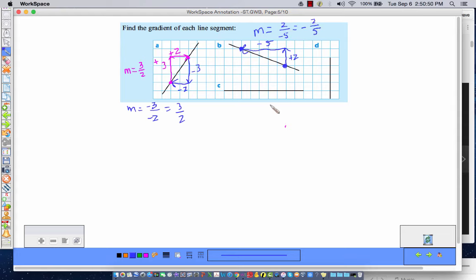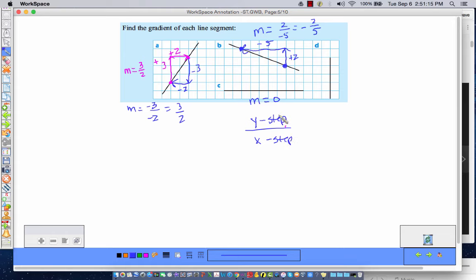As we said on the previous page, a horizontal line or line segment has a slope of 0. That's because it's equal to the y step over the x step. Remember that. Well, there's no up and down movement here.